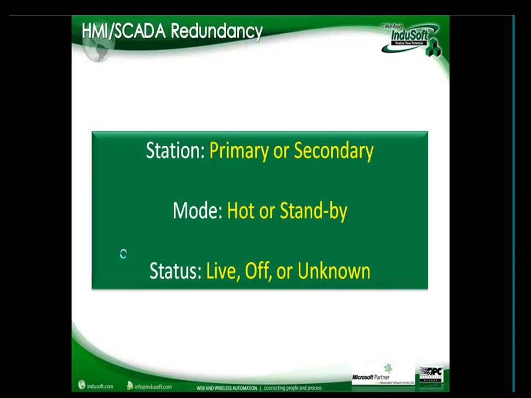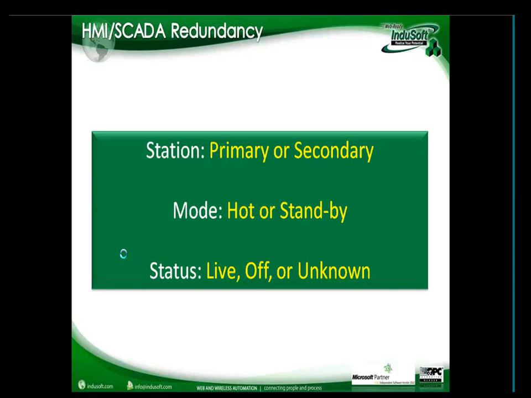So only the hot station pulls data from the PLCs, and updates the standby station by exception, only when tags change of values. By this way, you optimize the traffic in the network, and you can communicate with the PLCs using a smaller bandwidth in the network.